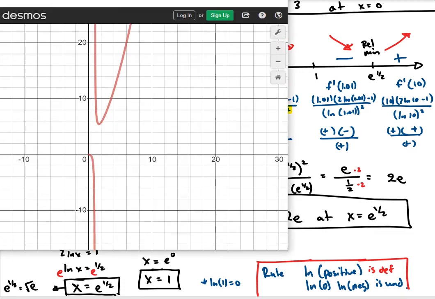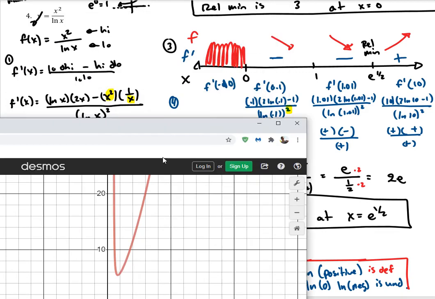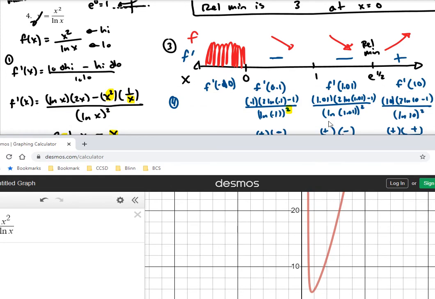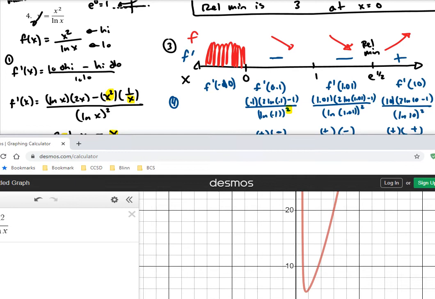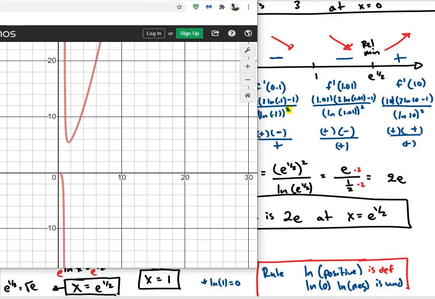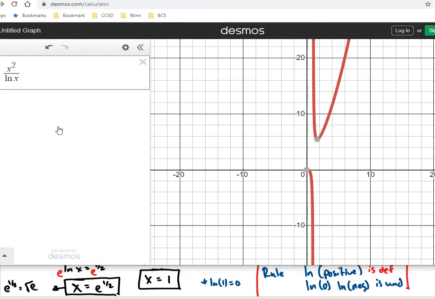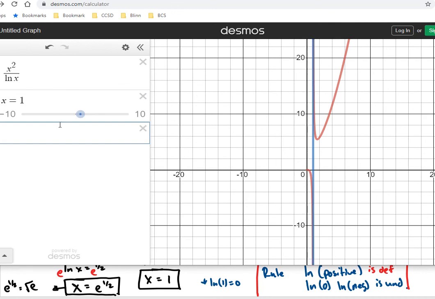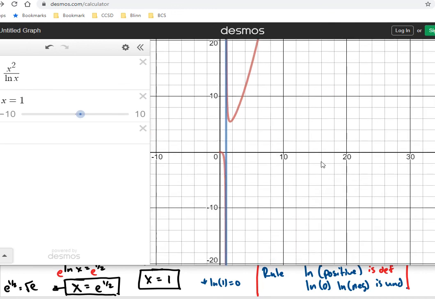All right, and at any point, I mentioned it multiple times, you could have jumped to the calculator to help with this problem, especially with these parts where we were plugging it into the derivative. But notice it does match our number line, so it was decreasing, and it looks like there's an asymptote at 1. So let me just put in x equals 1. There it is. So there's the asymptote.